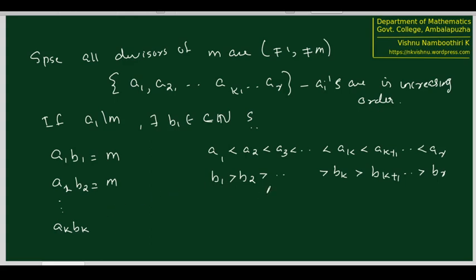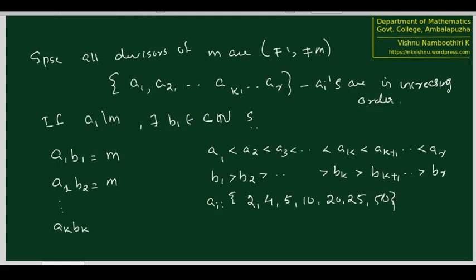Suppose that we want to see the factorizations of 100. If we start with 100, the Ai's are going to be 2, 4, 5, 10, 20, 25, 50.